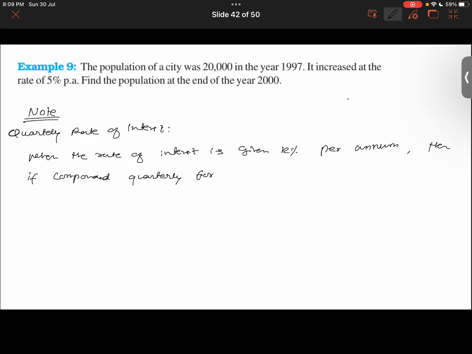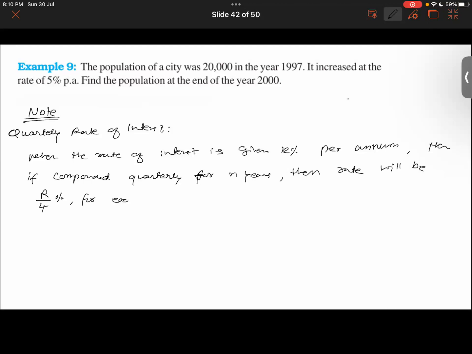We don't know, so let's say for n years. Then the rate will be R upon 4%, right?